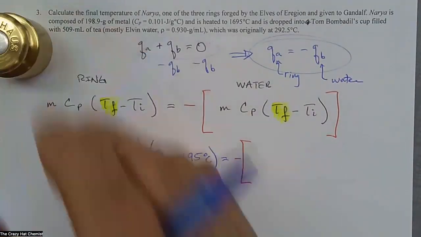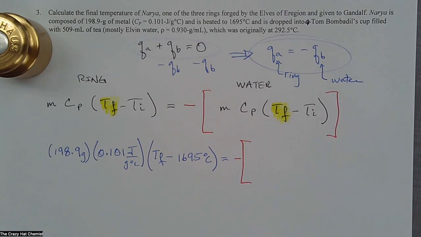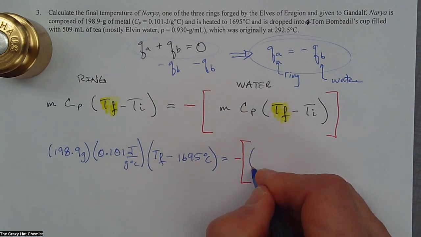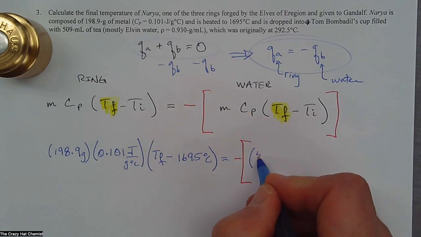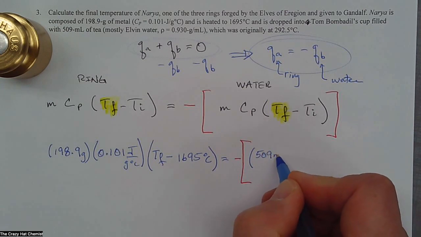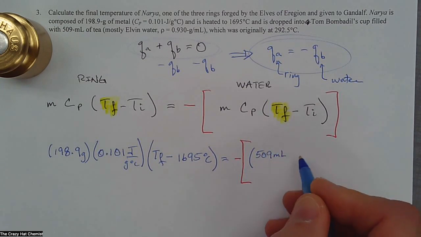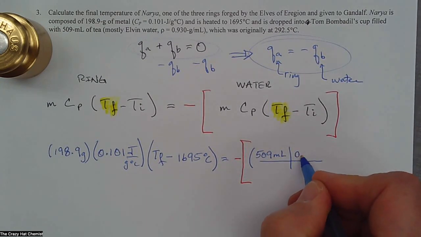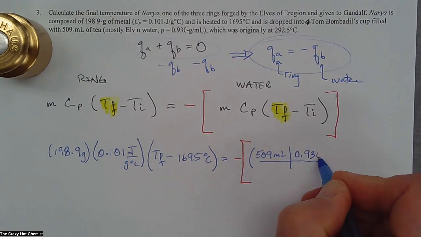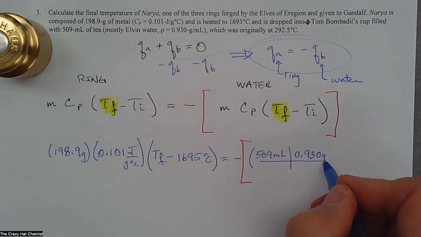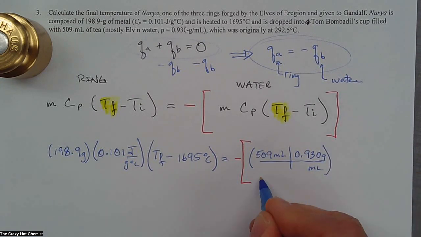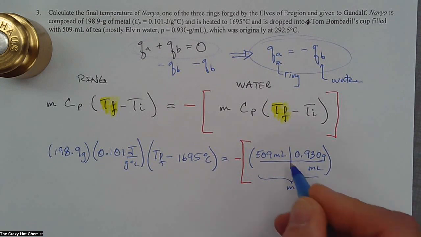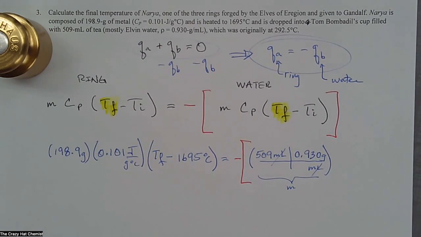Then we have 509 milliliters. But we need to get the mass of this, so we're going to use the density, grams per mL. This term right here will give us the mass because you can see that the milliliters cancel out.